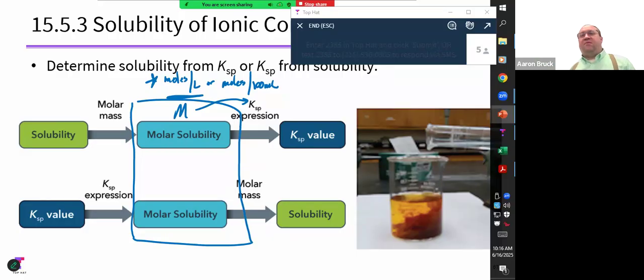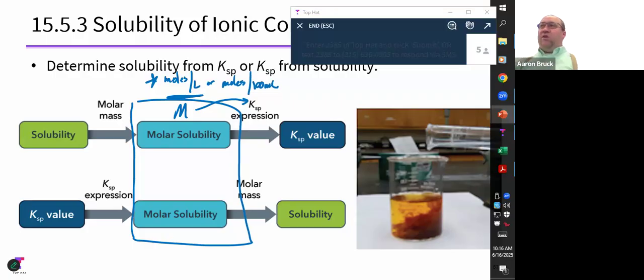And so the question just becomes a matter of, how do I go from whatever solubility units I'm given into molarity, or vice versa? How do I go from molarity to some other kind of solubility unit?